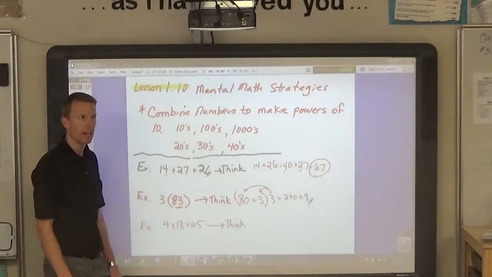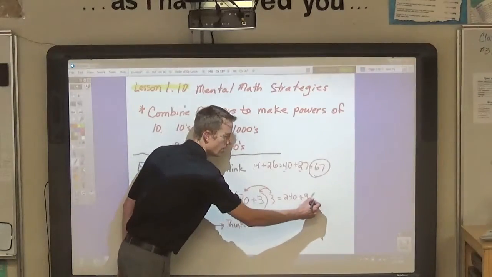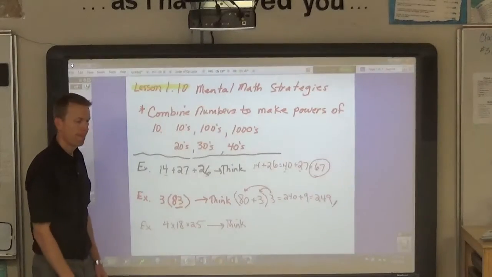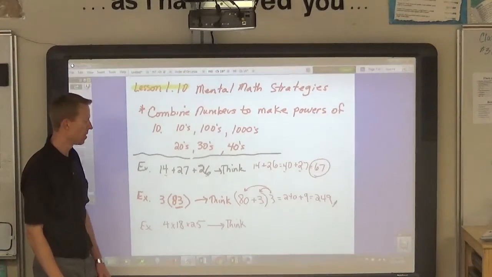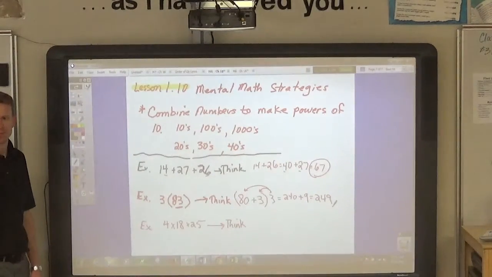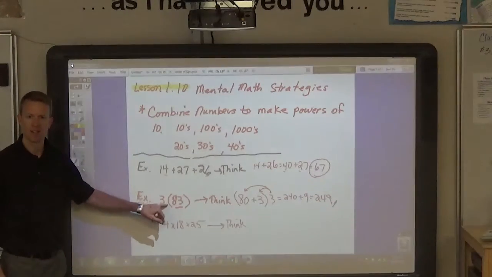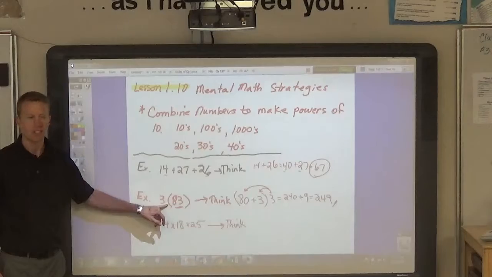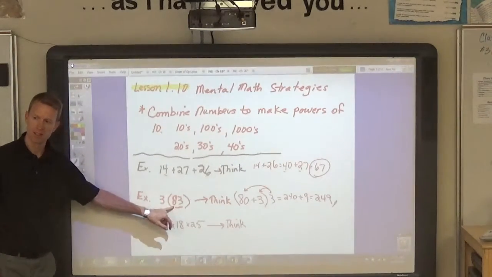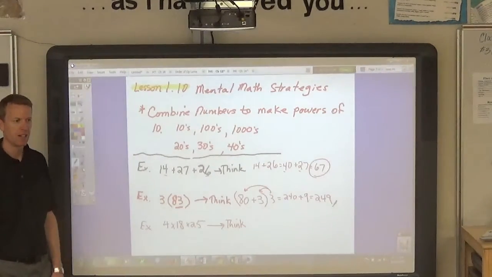So you can do this mentally. 80 times 3, 3 times 3, add those together, 249. Okay? So this is using which property? Distributive property. We broke up the number 83 and wrote it as the expression 80 plus 3, and then distribute the 3.